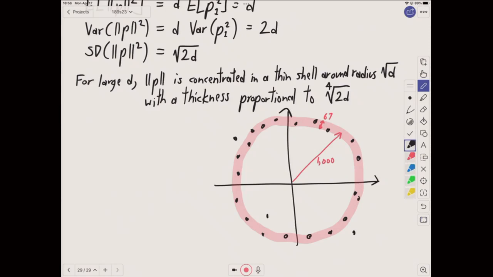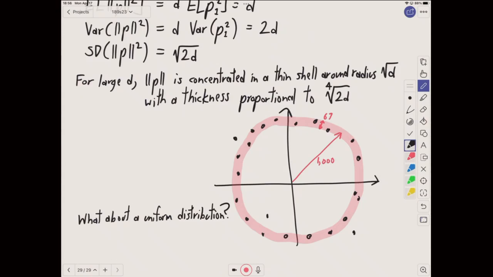All right, so I started this discussion with Gaussian distributed points, normally distributed points, but what about a uniform distribution? Well, of course, we can't have a uniform distribution over all of d-dimensional space.